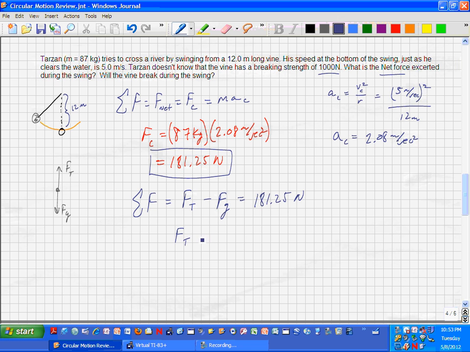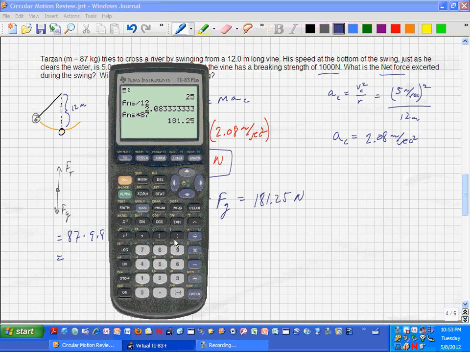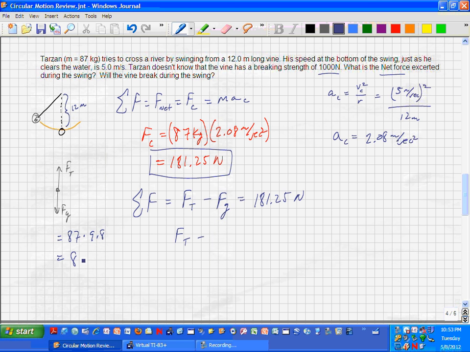So force of tension minus the weight, that's going to be 87 times 9.8, which is 852.6 newtons.